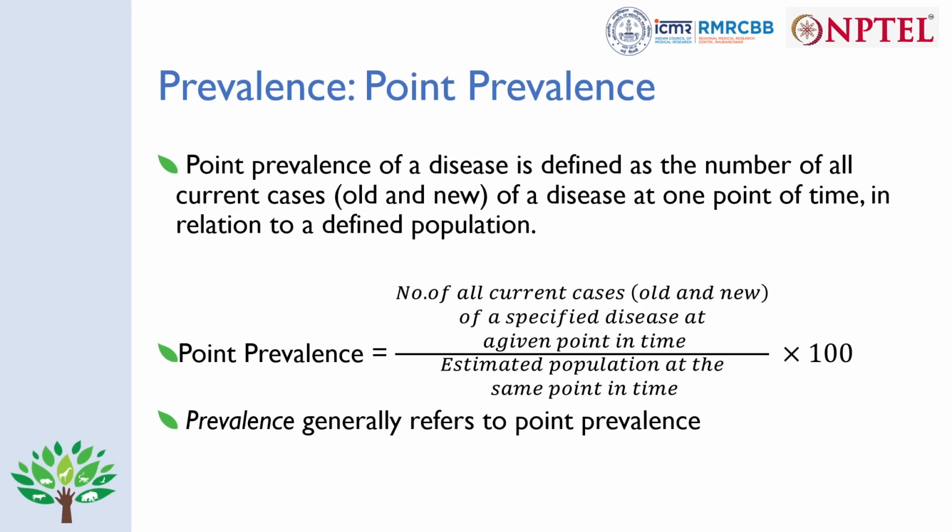So this is the formula of point prevalence: the number of all current cases of a specified disease at a given point of time divided by the estimated population at the same point of time, into 100. As prevalence is a proportion, we usually multiply by 100. So prevalence generally refers to point prevalence.